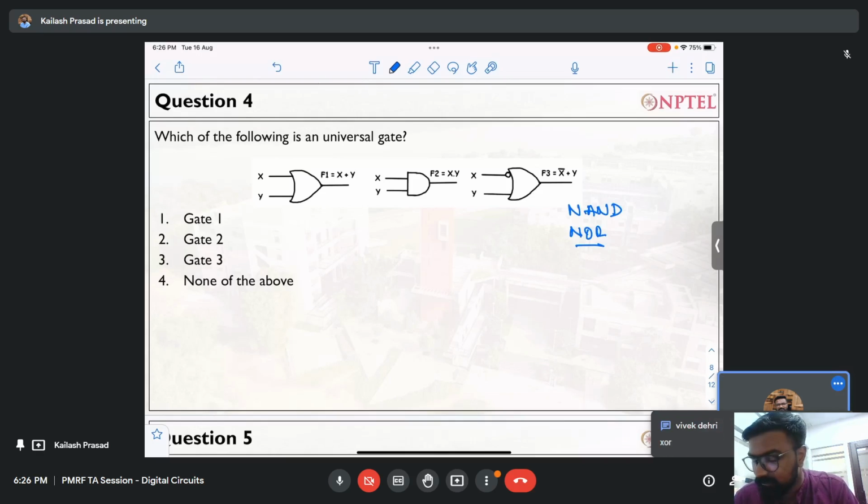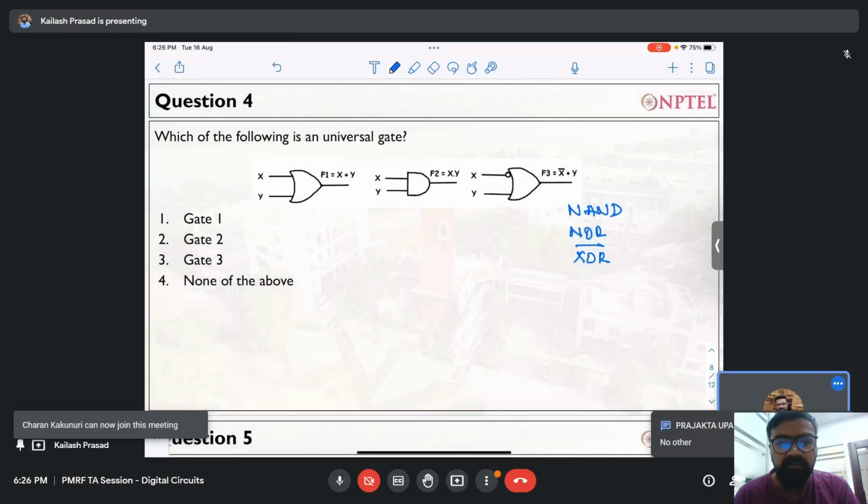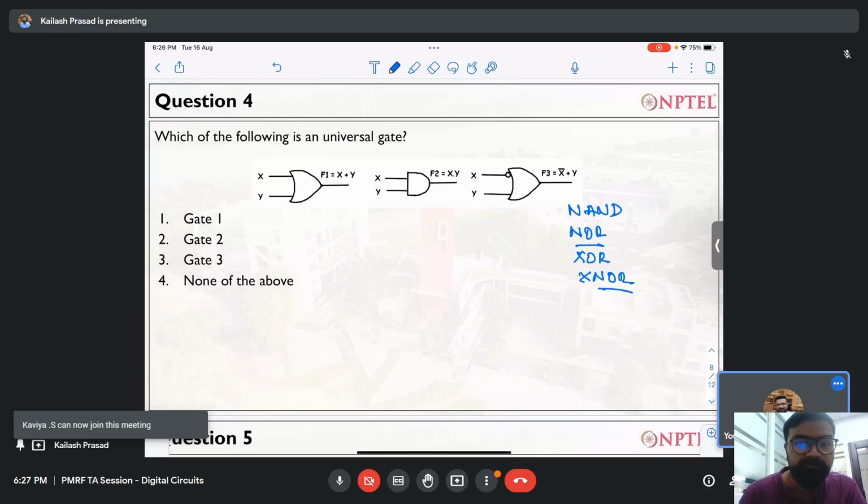XOR. AND gate. Sorry, AND gate, NAND is not a universal gate. You can use XOR and XNOR also as universal gates. Is it correct or not?